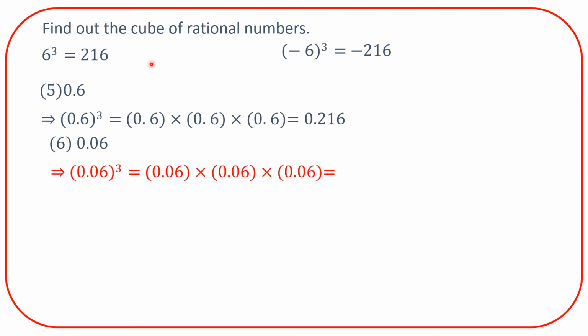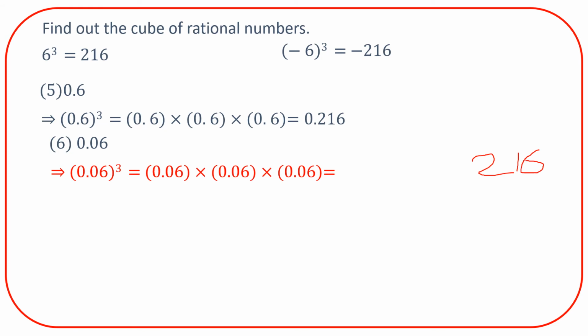Here after the decimal, 2 places, 2, 2. 2 plus 2 plus 2, 2 plus 2 is 4, plus 2 is 6. But 6 cube is 216.